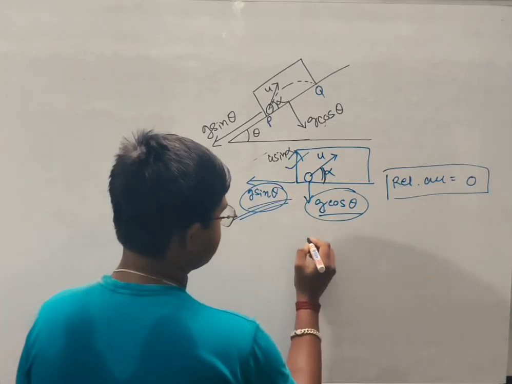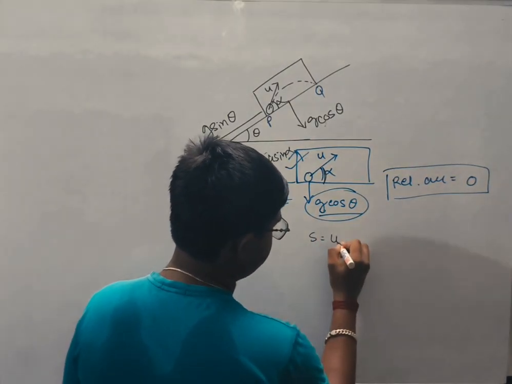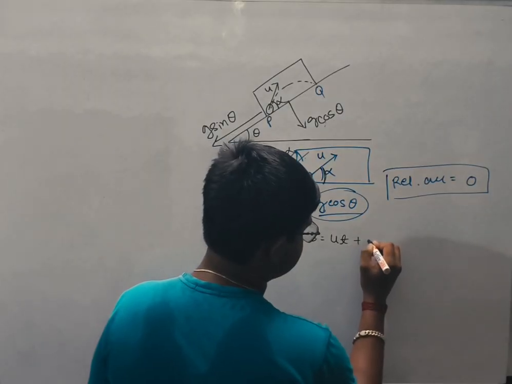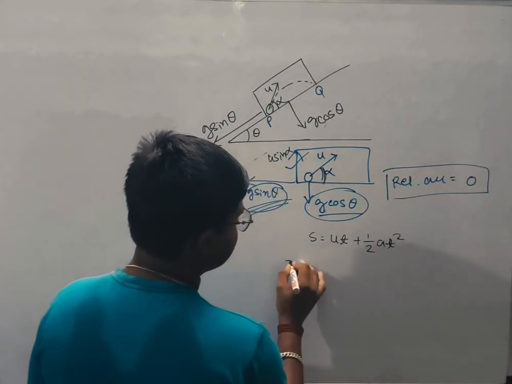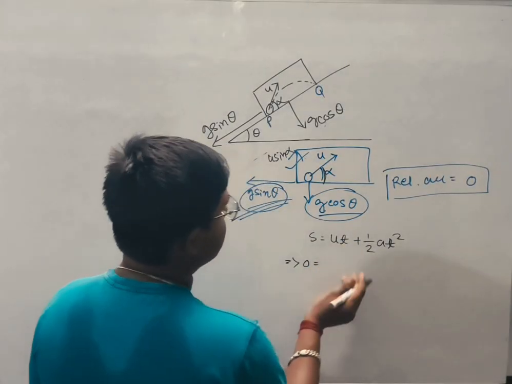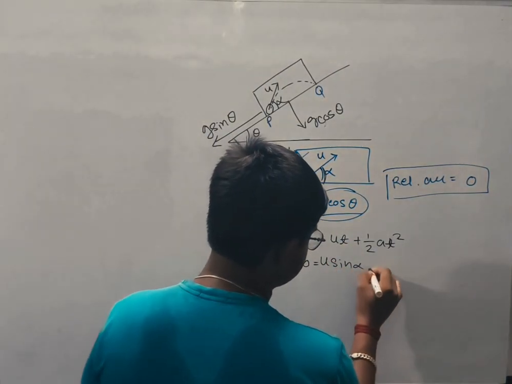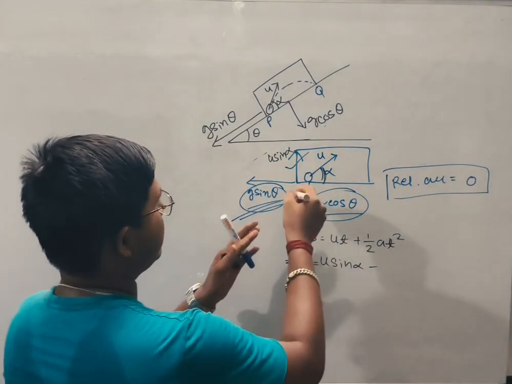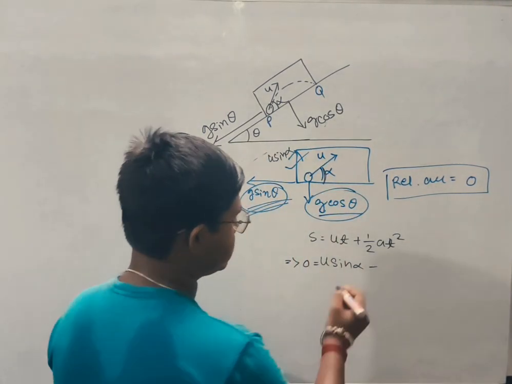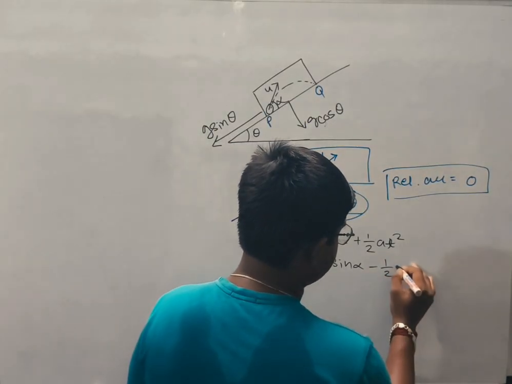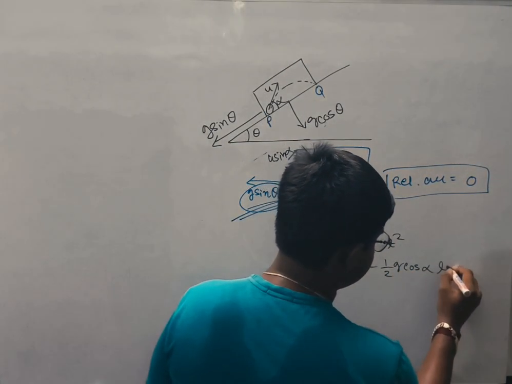So from the equation, 0 equals ut plus half at square. We can say 0 equals the initial velocity u sin alpha, and the acceleration is acting in the direction opposite to the velocity, minus half g cos theta t square.